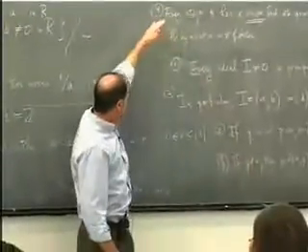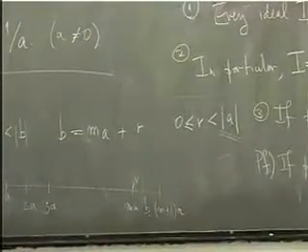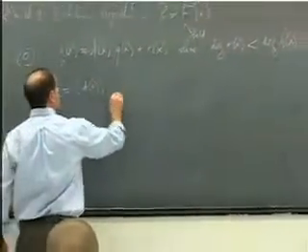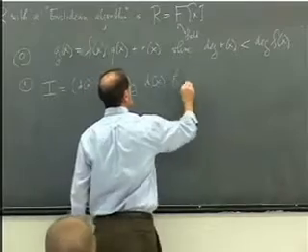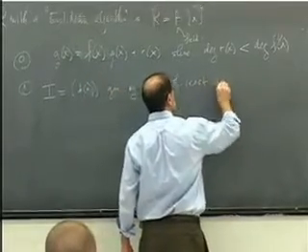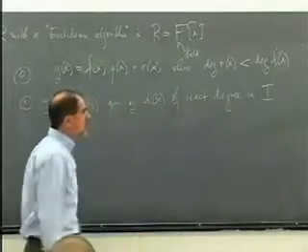All right? And now I can deduce 1, 2, 3, and 4. One is that every ideal is principal, generated by the d of x of least degree in I. Same proof.